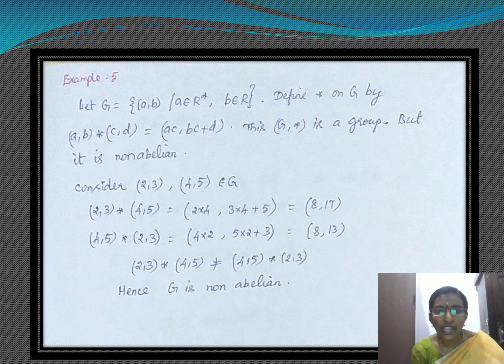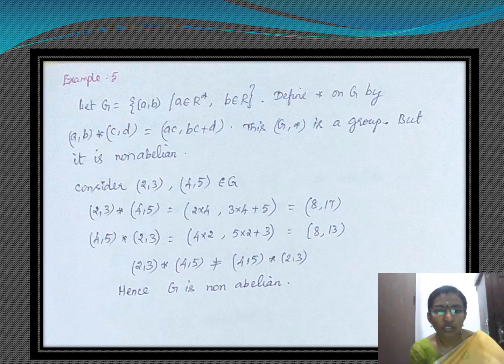Let me choose one example. (2, 3) and (4, 5) belong to G. Let me find (2, 3) star (4, 5), equal to, from the definition of star, 2 into 4 equal to 8 and 3 into 4 plus 5 equal to 17. Therefore, the answer is (8, 17).